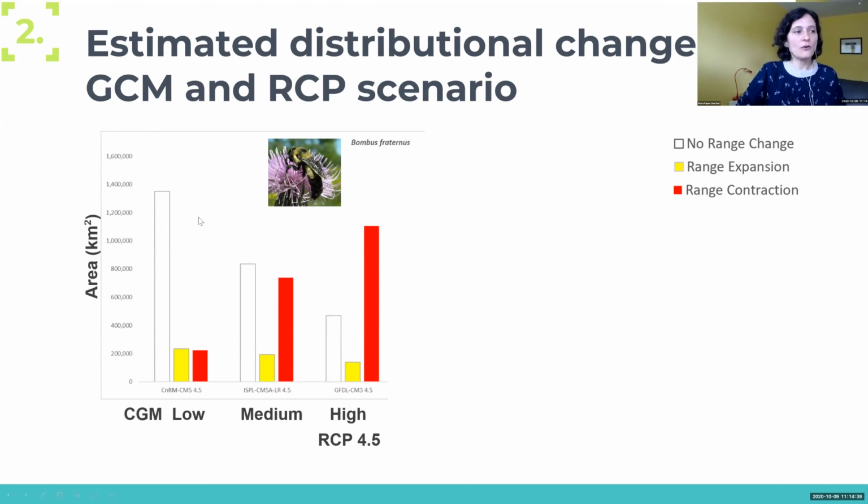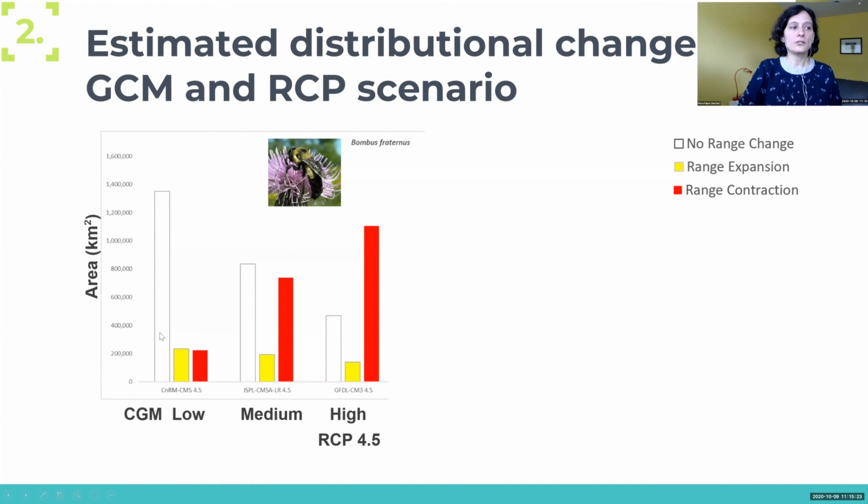Just to get you oriented, this is a bamboo species, and what the graph is showing is the area of potential distribution of the species under the moderate emission scenario, RCP 4.5, and then under the three different global circulation models: the low change, the medium change, and the high change in temperature and precipitation. What we see is that the high GCM shows a higher range contraction than the low GCM.